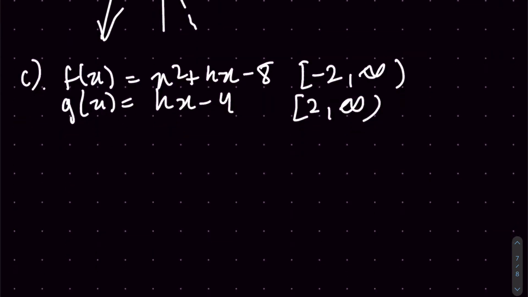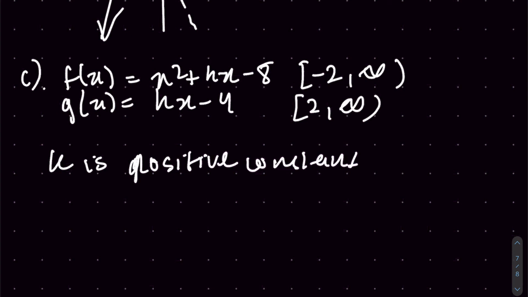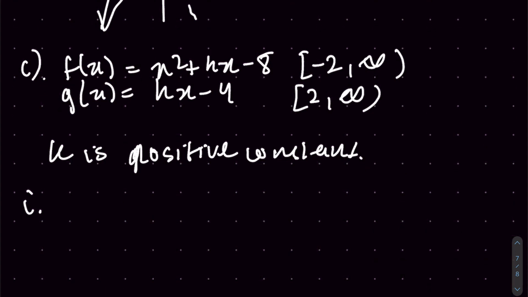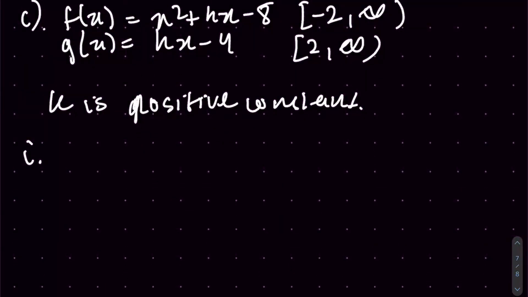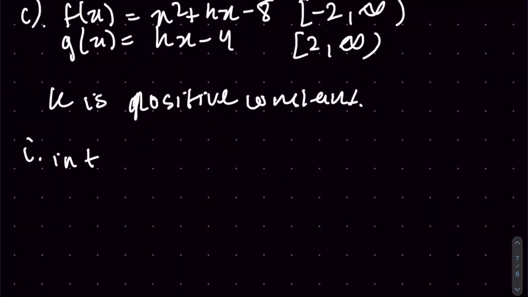Now, part I focuses on, and it also tells us that k is a positive constant, and our first part is write down in terms of k the range of g of x.